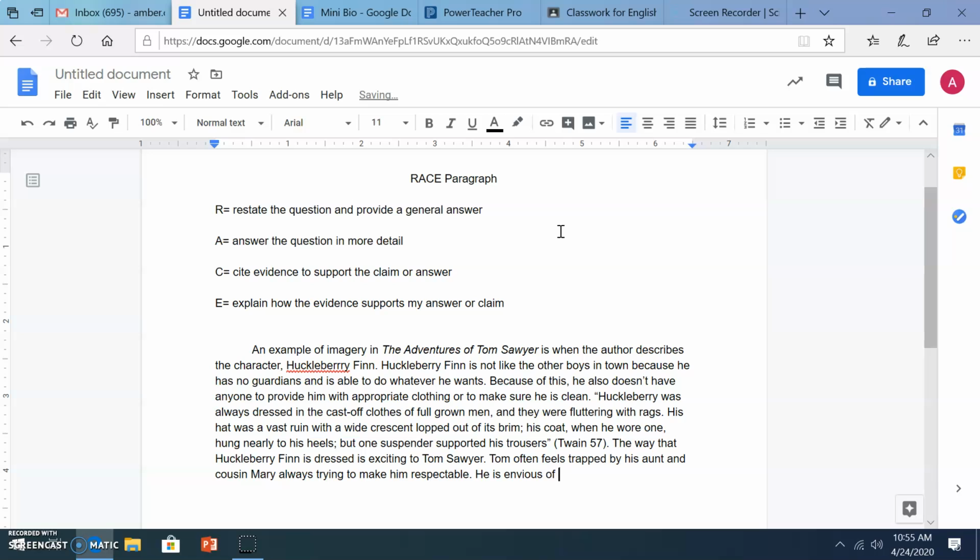He is envious of Huckleberry and how he has no one telling him what to do.